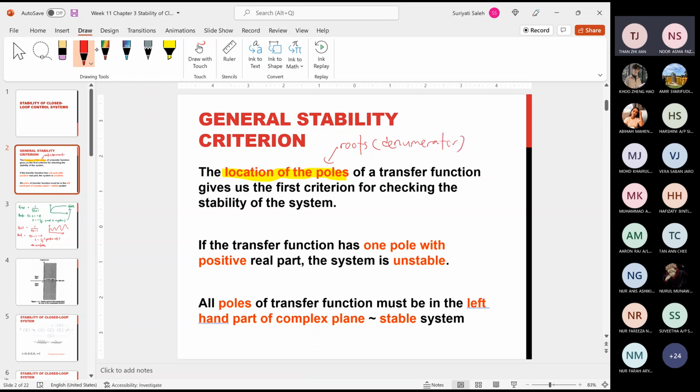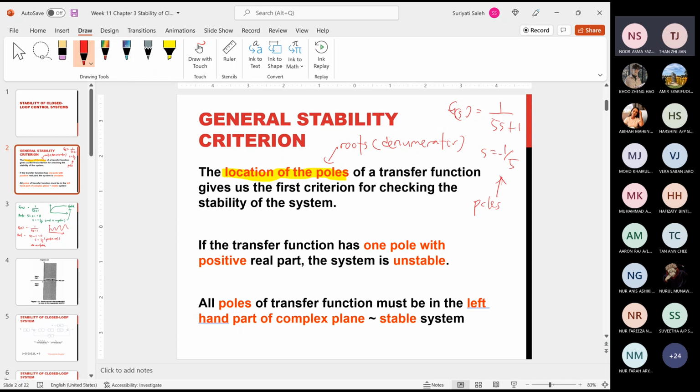Like the example I gave before, G(s) equal to 1 over 5s plus 1, so s equal to negative 1 over 5. This is considered the location of the poles. The root itself is sometimes called a pole, where it is located in the denominator.